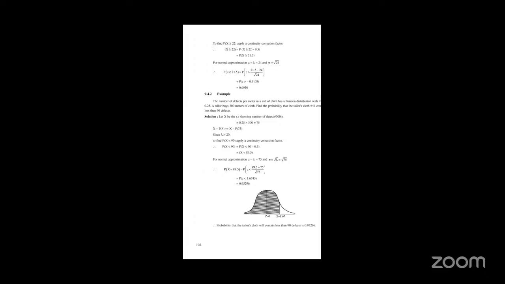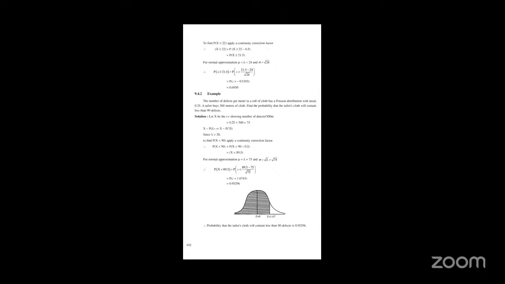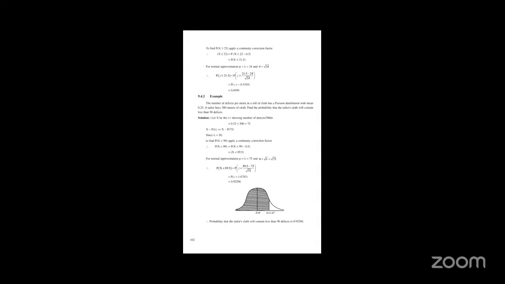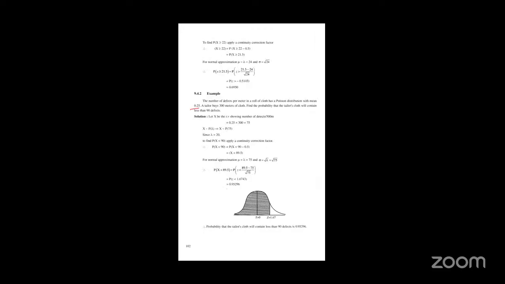The number of defects per meter in a roll of cloth has a Poisson distribution with a mean of 0.25, and a Taylor buys 300 meters of cloth. So the number of defects per meter in a roll of cloth follows a Poisson distribution with mean 0.25, and the Taylor is buying 300 meters of the cloth.